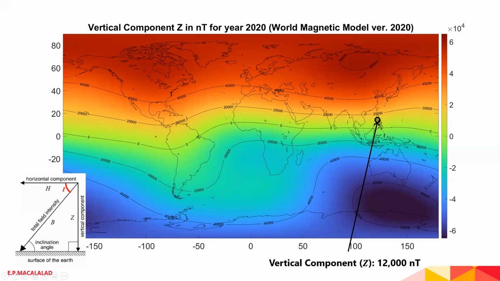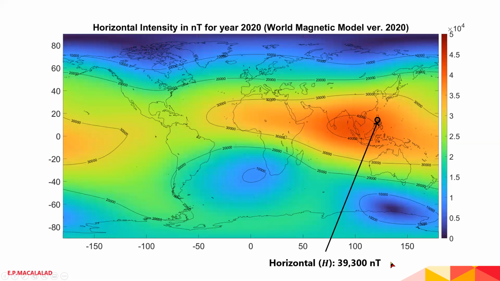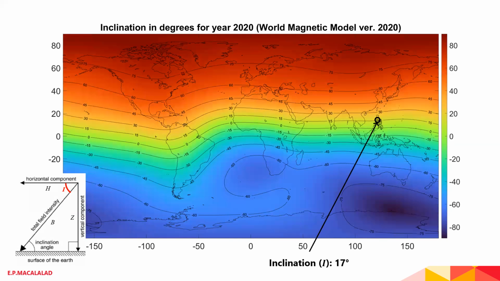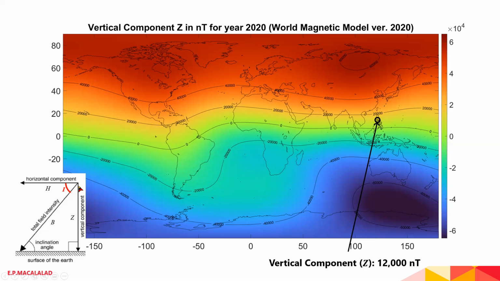Okay, and near the equator, here in Manila, the vertical component is about 12,000 nanotesla in magnitude, compared to about 40,000 nanotesla for the horizontal component. Because the Z component is 0 here, this is your magnetic equator, which means this is also where your inclination is equal to 0.